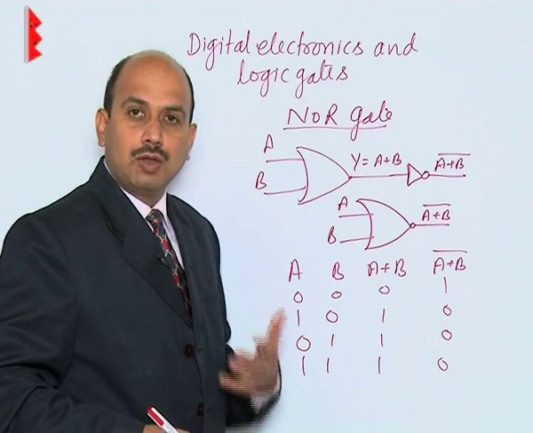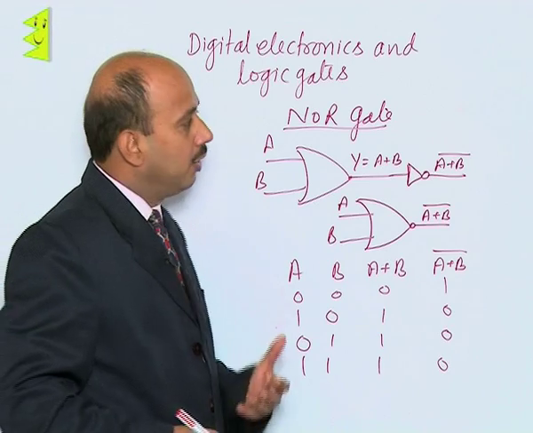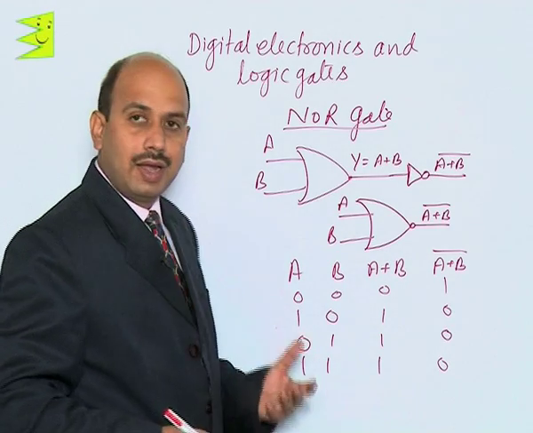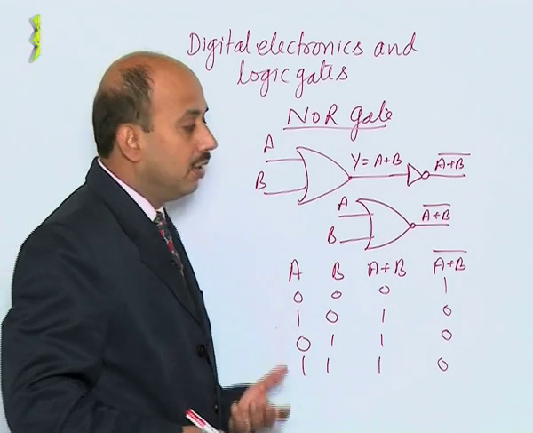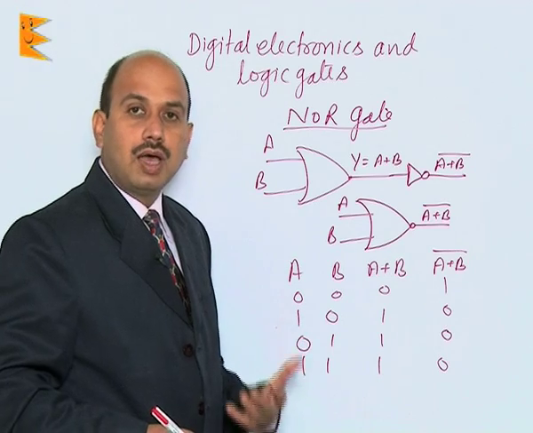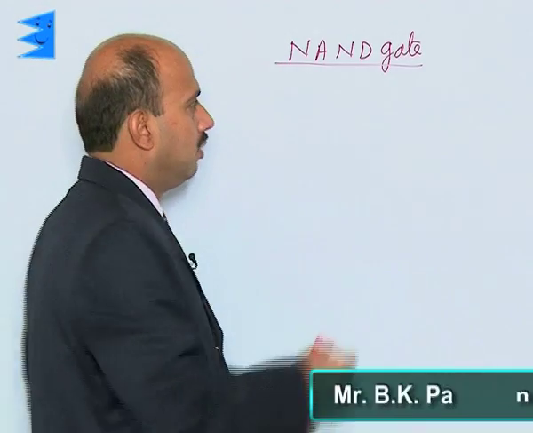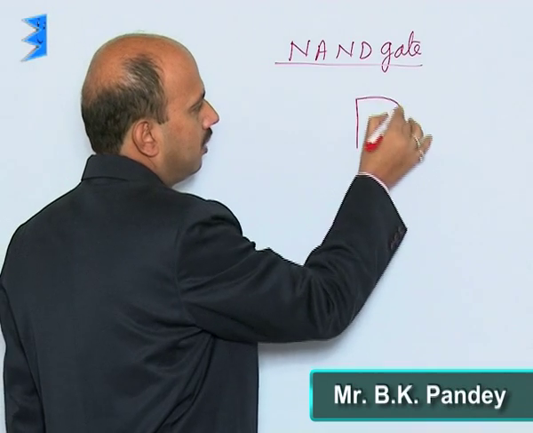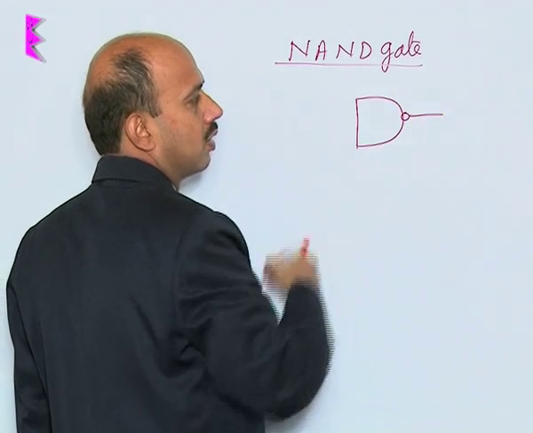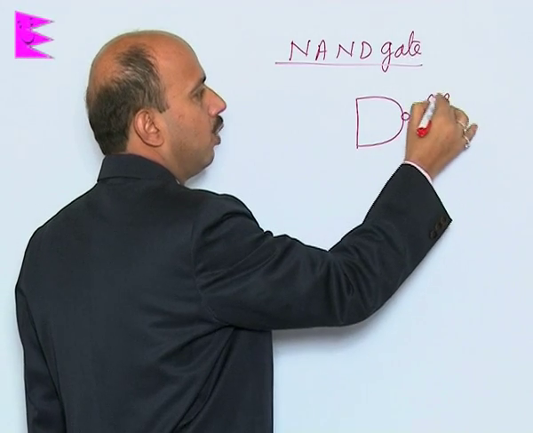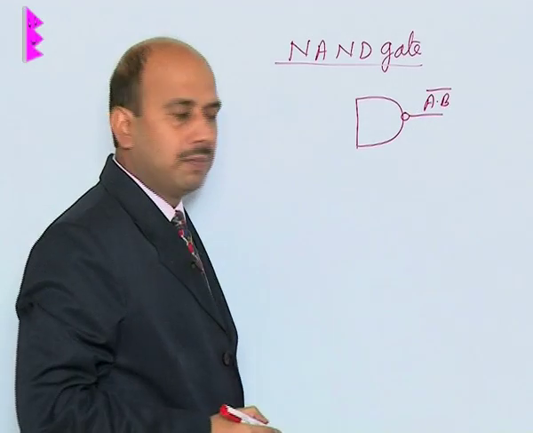So, we have seen here all 5 types of gates, and now we will be using NOR and NAND gates to obtain the OR, NOT and AND gates. Now, see, we have done the NAND gate here. NAND gate is like this, and this is giving A dot B, or (A and B) bar.